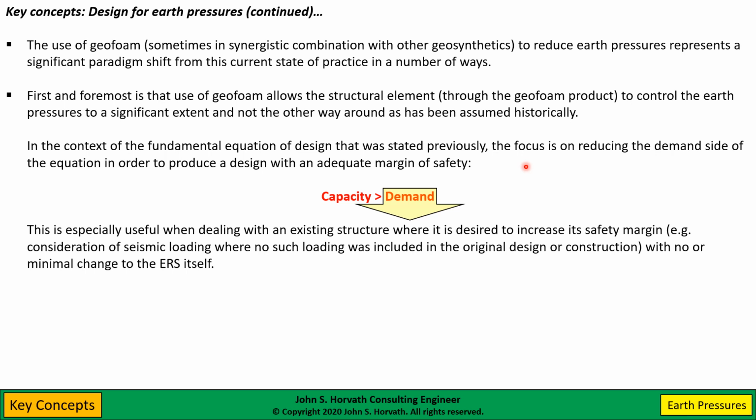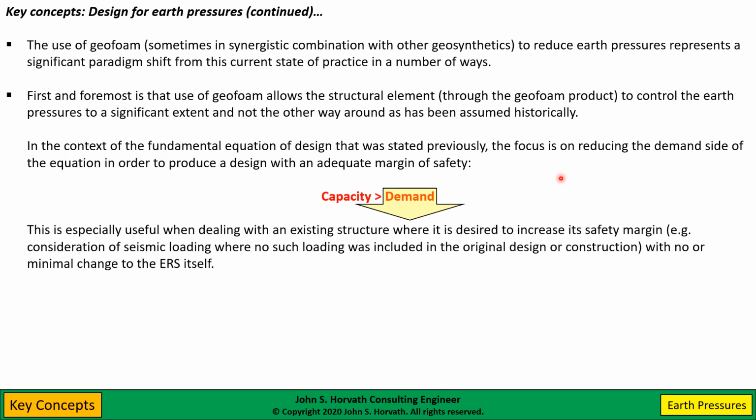Now, this turns out to be particularly useful when we're dealing with an existing structure where we're looking to increase its safety margin. For example, I know here in the New York State area, or just the East Coast of the United States in general, in recent decades, we've been assessing a very large inventory of existing structures for behavior under seismic loading.